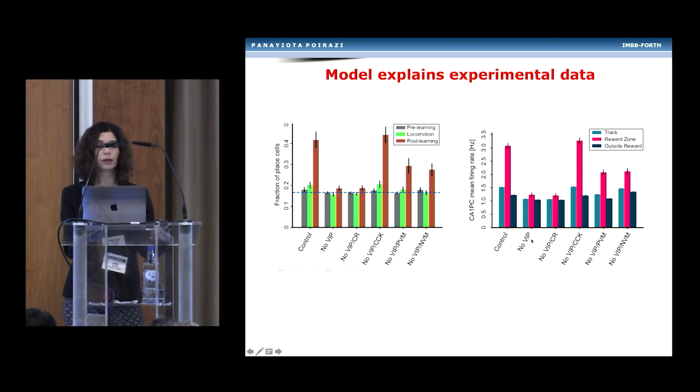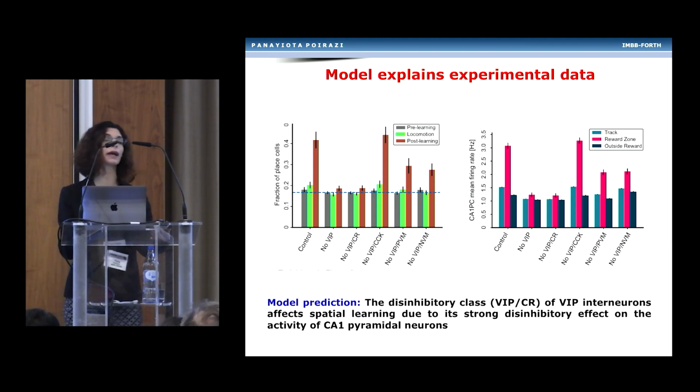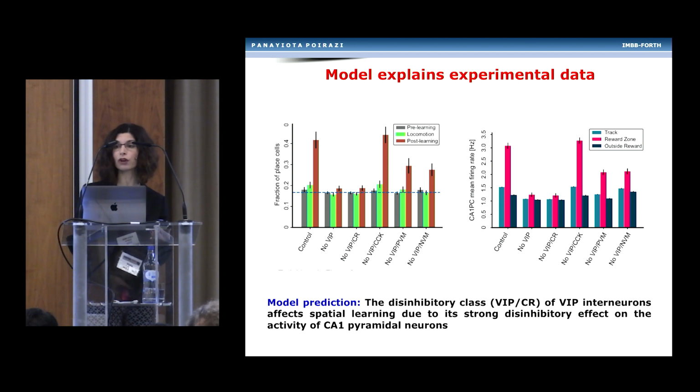And we can see from these graphs that the reason why the disinhibitory neurons are the most important ones is that they control both the firing rate of pyramidal neurons and the number of place cells that are formed after learning. So the model can provide a mechanistic explanation for the phenomenon that we've seen in experiments. Essentially it can explain why the disinhibitory class is the one controlling the learning of the reward location by incorporating these various versions of interneuron subtypes.